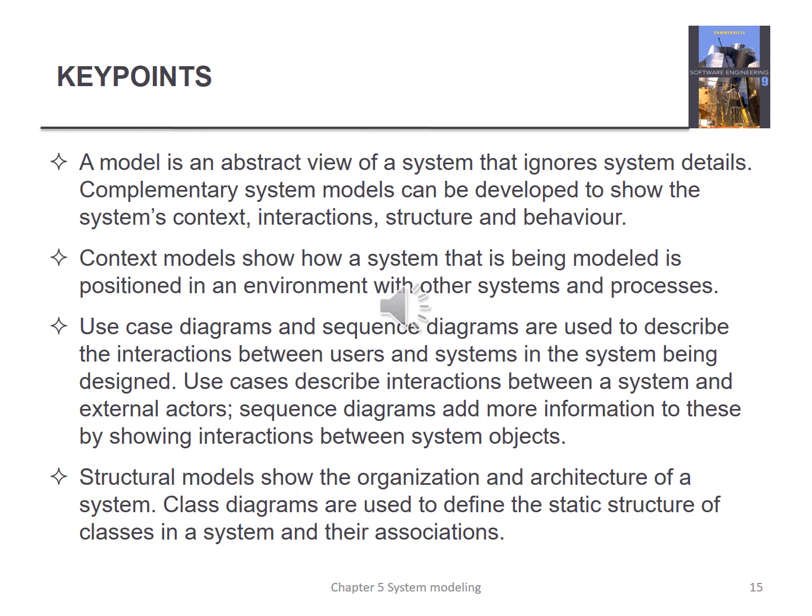Then we went to the structural model, which is the organization and architecture of a system. That one is the class diagram, which is used to define the static structure of classes in a system and their associations. We show the major entities of the system, which are those classes.